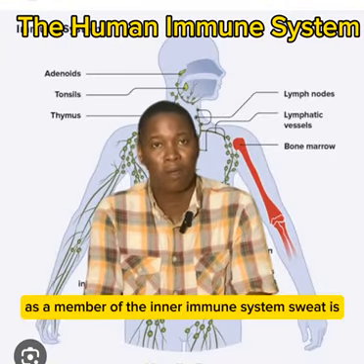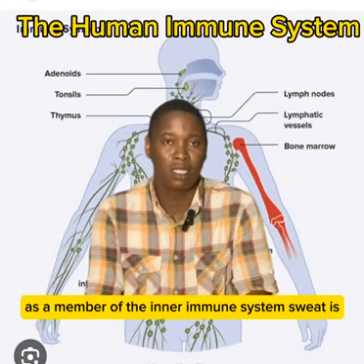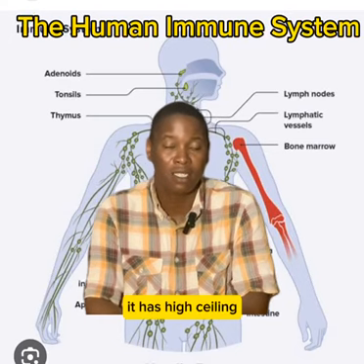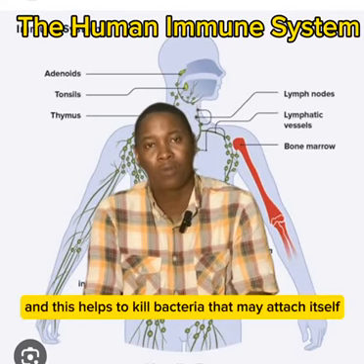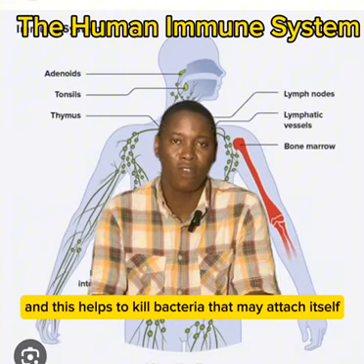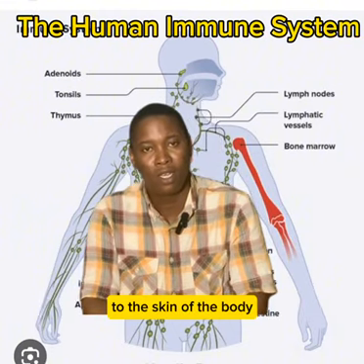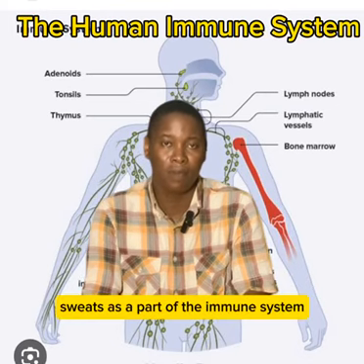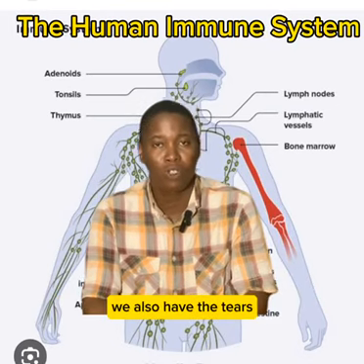Sweat is also a member of the innate immune system. Sweat has a lot of water and a lot of salt. It has high saline content, and this helps to kill bacteria that may attach itself to the skin of the body. We also have tears.